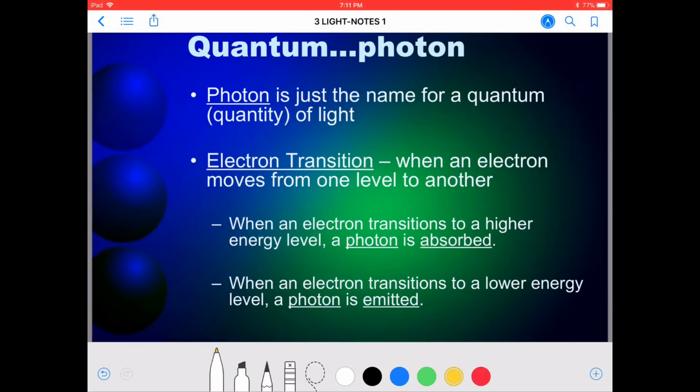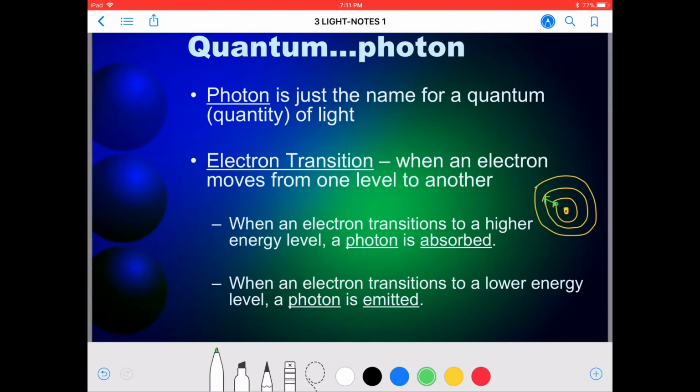Electron transitions are when those electrons that are in your atom, so if I were to draw an atom here with your nucleus and your energy levels, and you remember that you have electrons on those energy levels, when the electron is moving between energy levels, that's an electron transition.